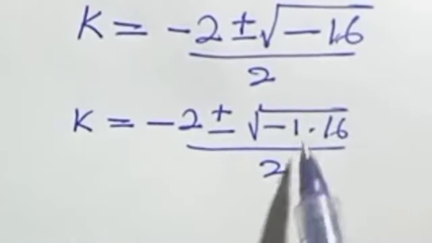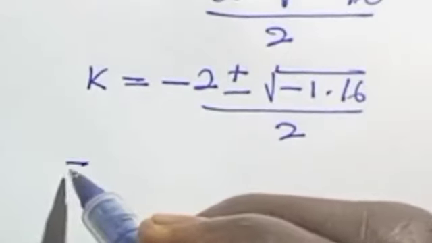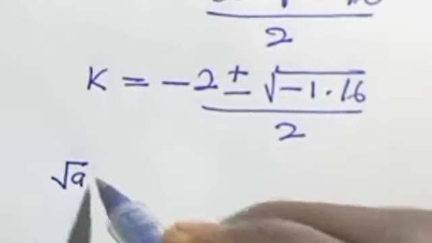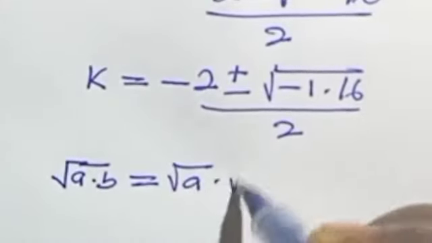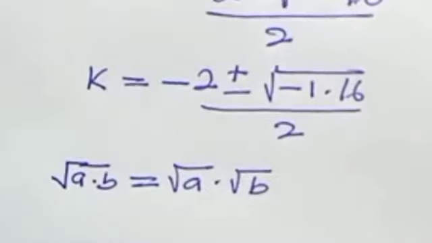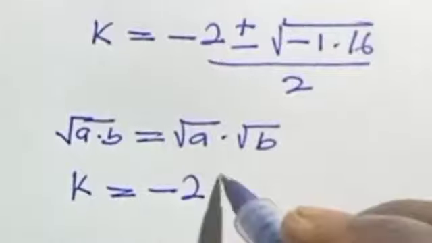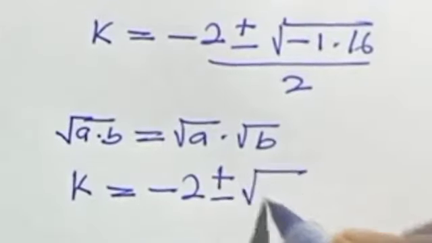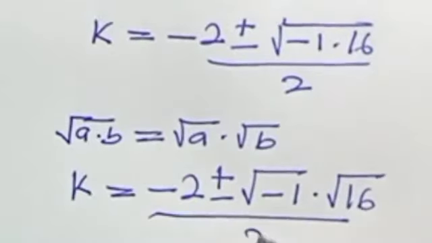That is the same thing, minus 1 times 16, the same thing as minus 16. But square root of a times b is the same thing as square root of a times square root of b. So our k will become minus 2 plus or minus square root of minus 1 times square root of 16, all over 2.